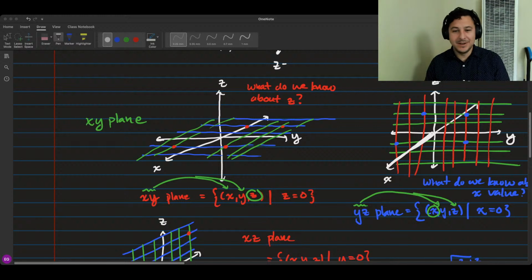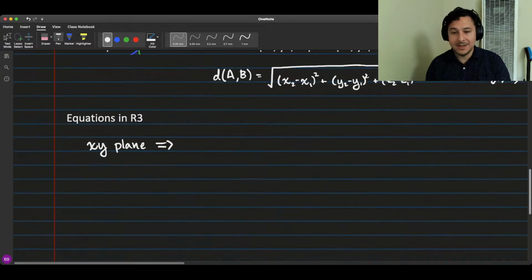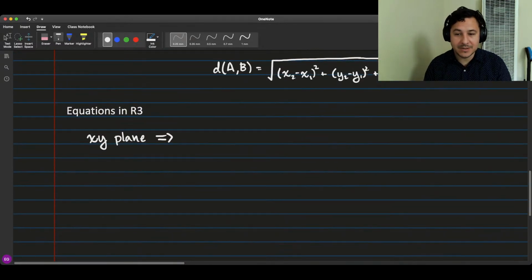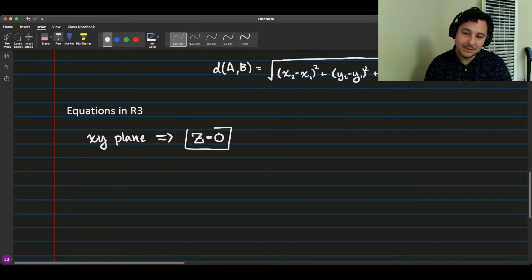Okay. So this actually helps you figure out how to write the equation for the xy plane. The equation for the xy plane is you just say z is 0, because that is for the xy plane, that's always the case. The z value is 0.